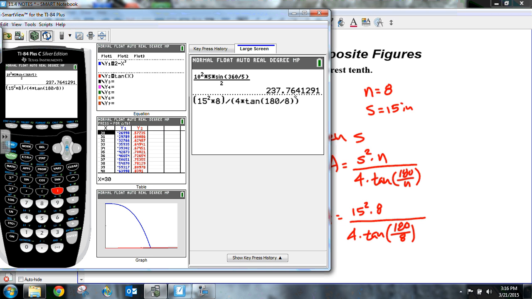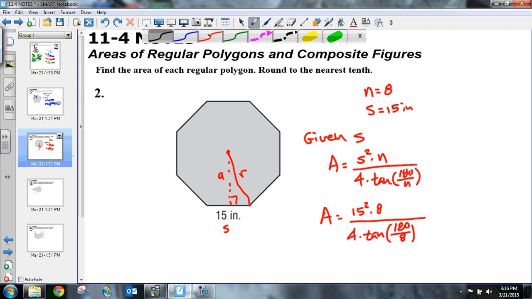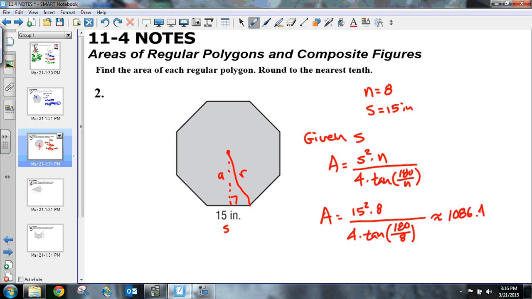So I have a big parenthesis for my entire denominator. Let's hit enter here, and I'm going to get 1086.4. So I get an area of approximately 1086.4 inches squared.